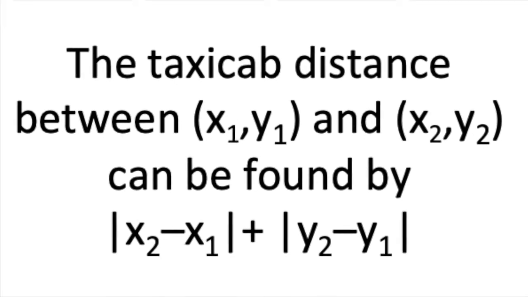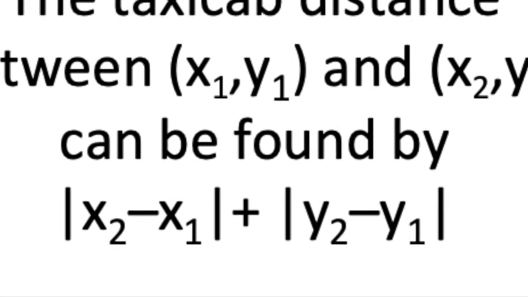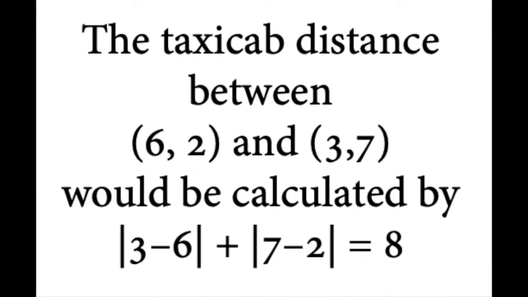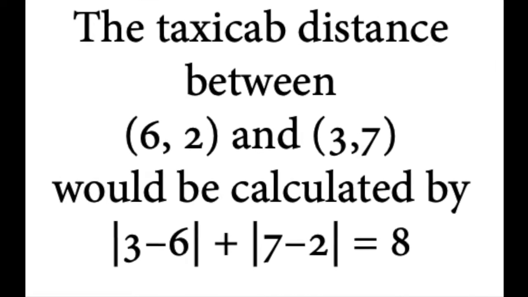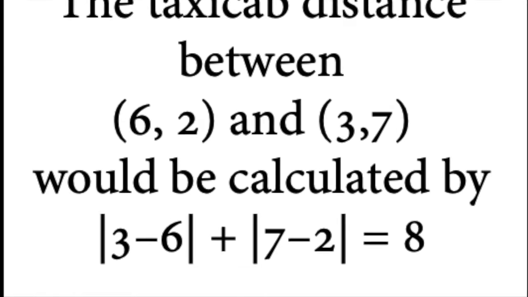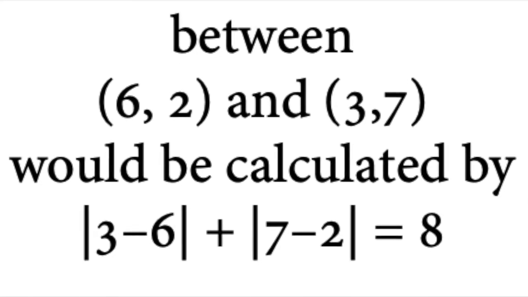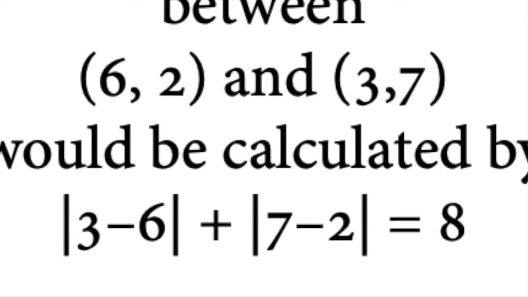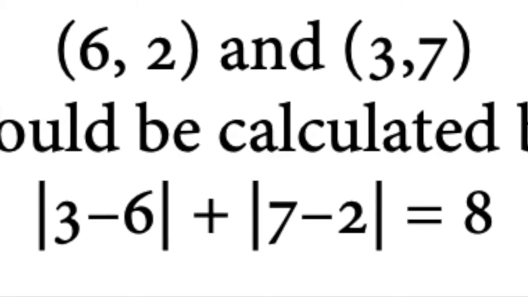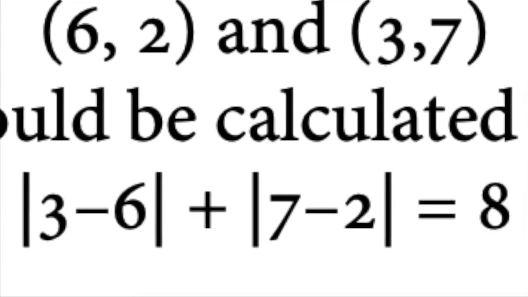So instead, we have to use this idea of distance along a grid. Since distance is never negative, we're going to use absolute value, or modulus. For example, the taxicab distance between the point 6,2 and 3,7 would be calculated by taking the absolute value of 3 minus 6 and adding it to the absolute value of 7 minus 2, resulting in 8 units.